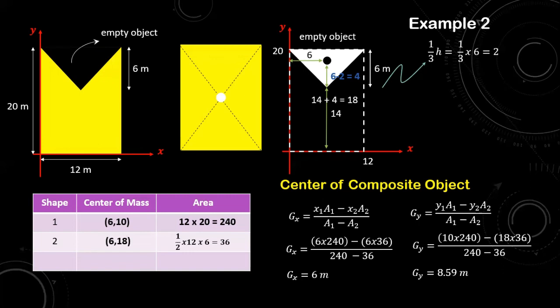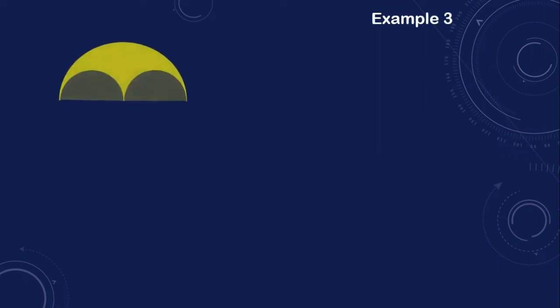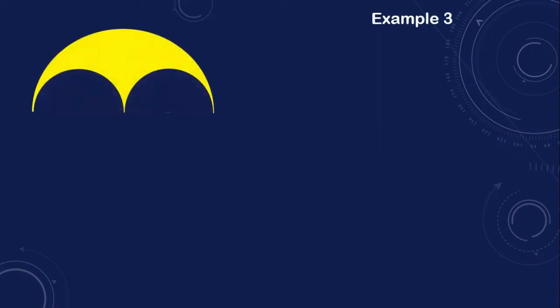Okay, students, now we go to example 3. What is example 3? This one. Example 3. Look at this object. This object consists of a big half circle and a double half circle inside of this big half circle, right?